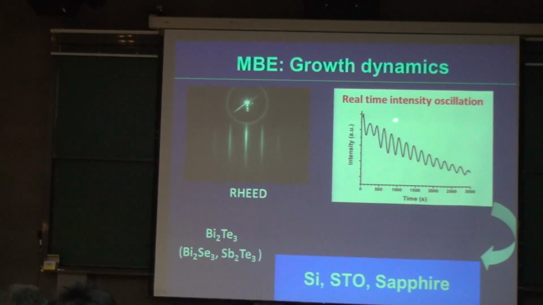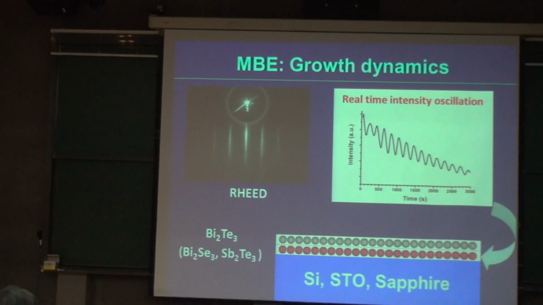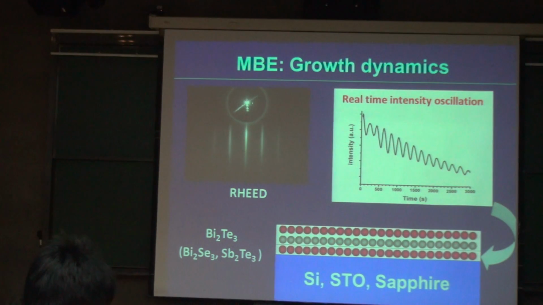So one cycle of oscillation indicates the deposition of one atomic layer, in this case, one unit cell. So we can really get this layer by layer growth, as the schematic shown here. So one cycle of oscillation represents the deposition of one unit cell or one layer.